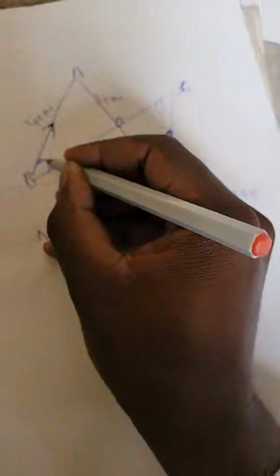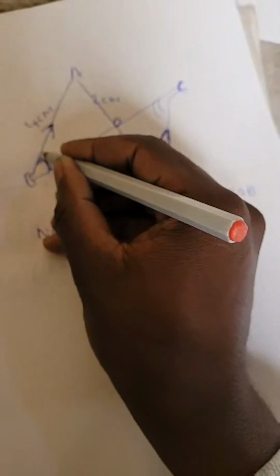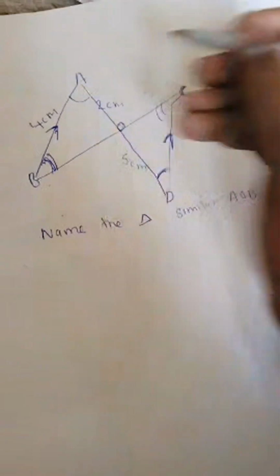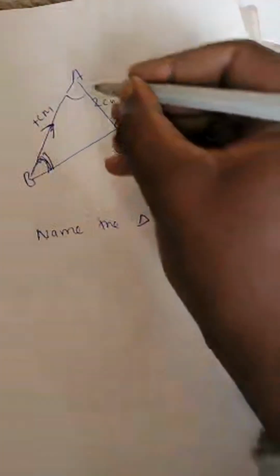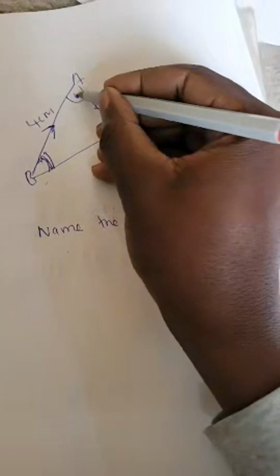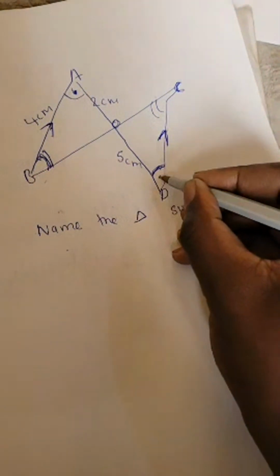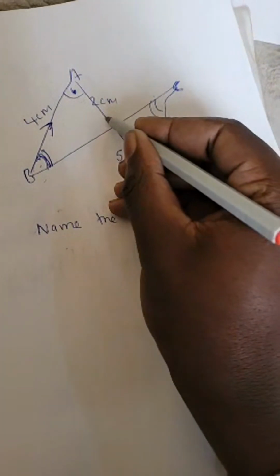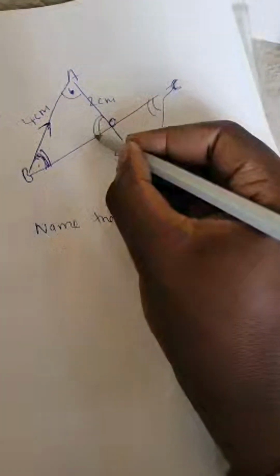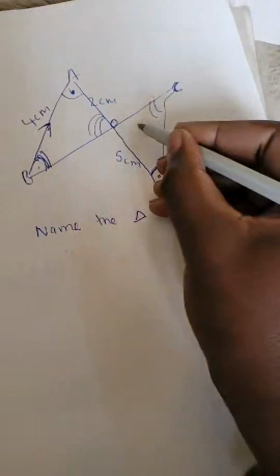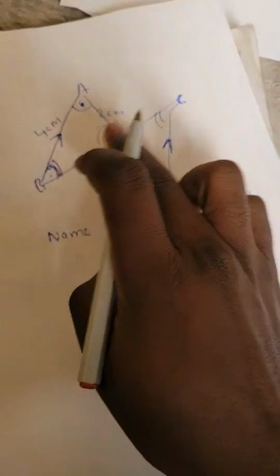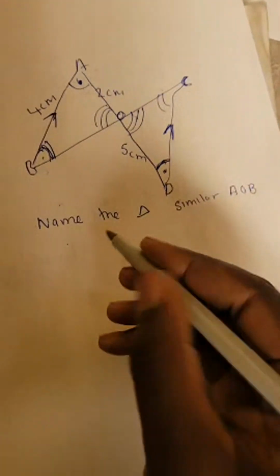Are we together? So I'm marking them like this. These angles are equal, and this angle is equal to this angle. This angle is equal to this angle, and these two angles right here are also equal because they are vertically opposite angles, and they are equal.